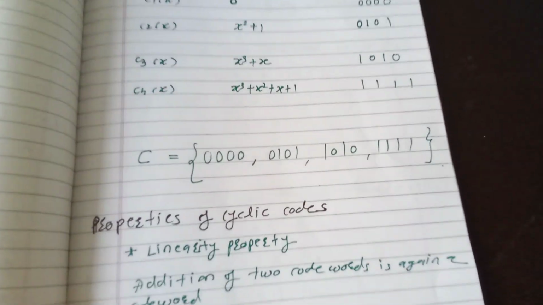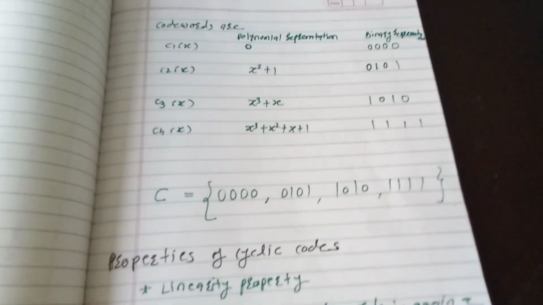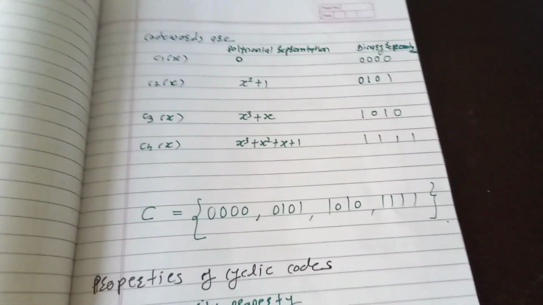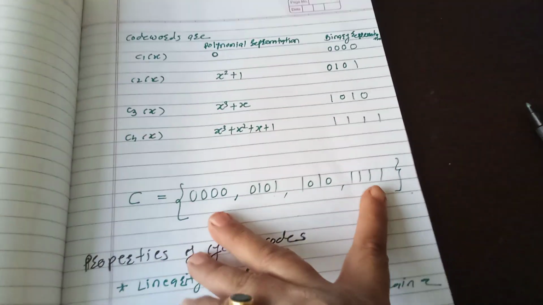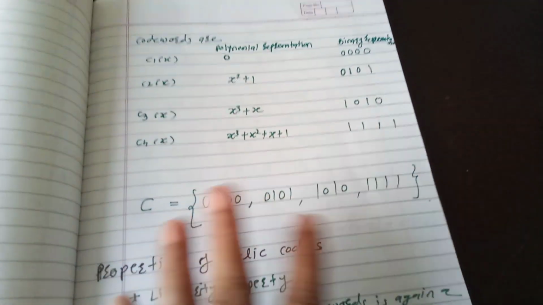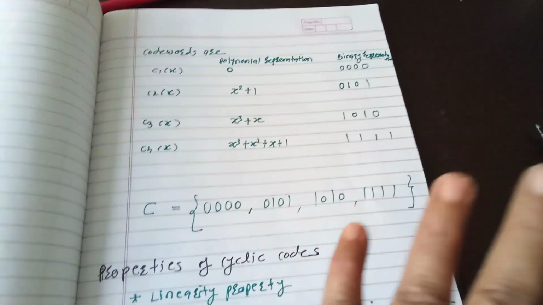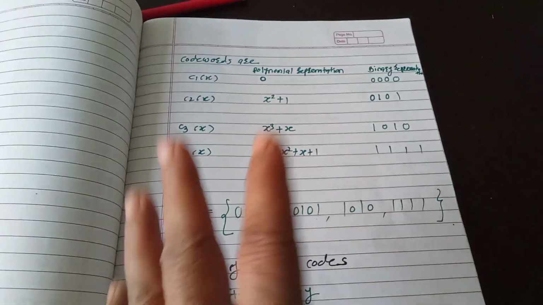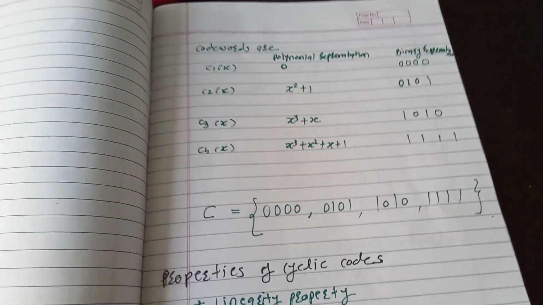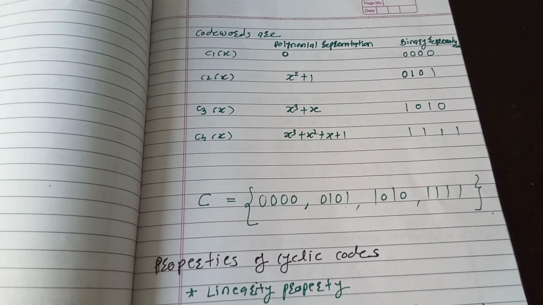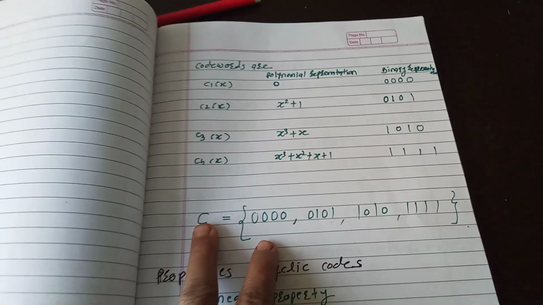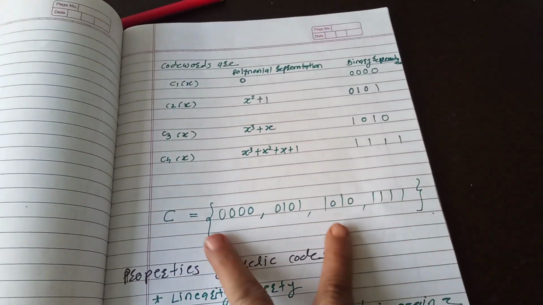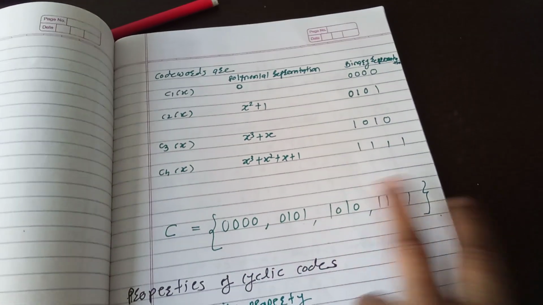And a cyclic shift of any code word is again a code word. That means if you do the cyclic shift of a code word, you will get a code word from that set. The set is called code, and the code contains a set of code words. So it is a little bit confusing, but simple: this is the code, which includes a set, and in that set there are code words.